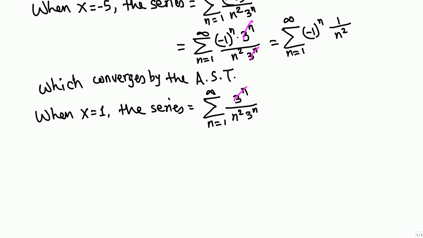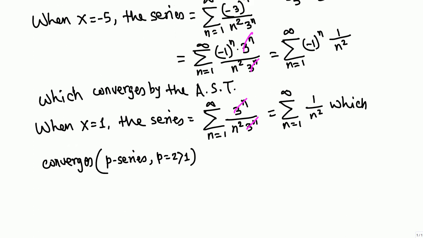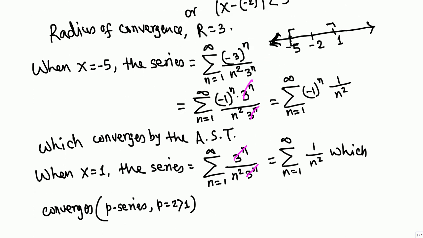Now we can cancel 3^n, and we have the sum from n equals 1 to infinity of 1 over n squared, which is a p-series with p equals 2, bigger than 1. So this converges. That means our interval of convergence also includes 1.